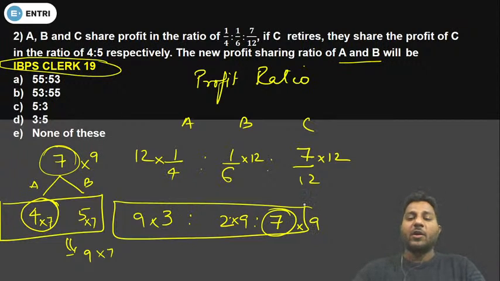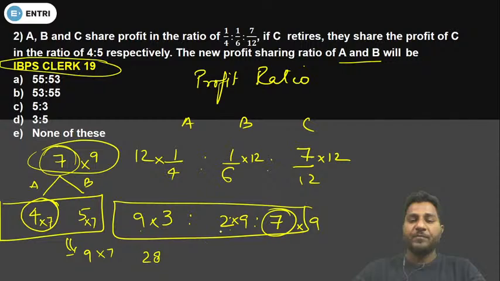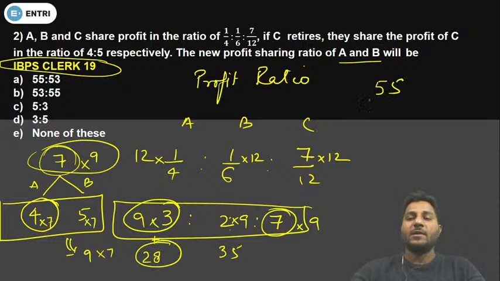Now according to 63 ratio of C, A and B will also increase to 27 and 18. Now from 63, A will be getting 28 more and B will be getting 35 more. Now 27 and 28 will become 55, while 18 and 35 will become 53.